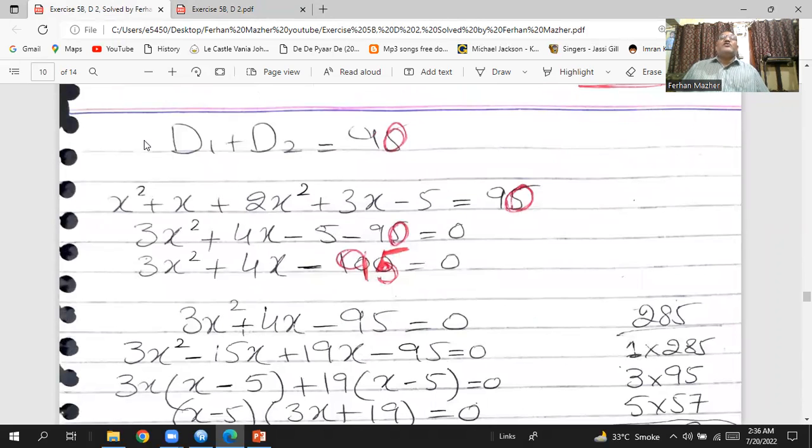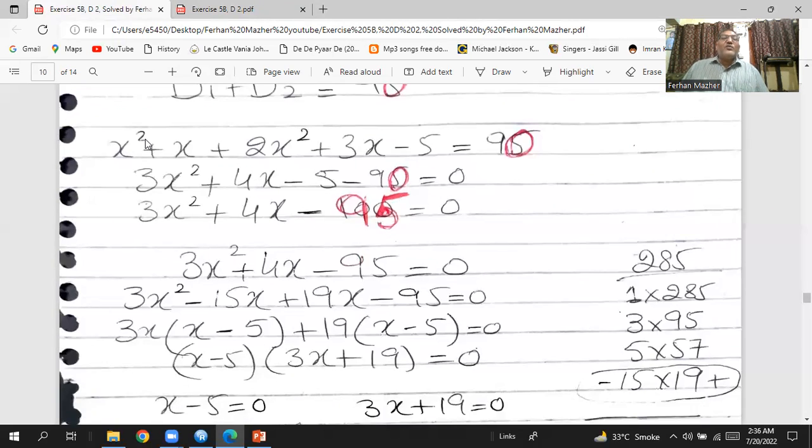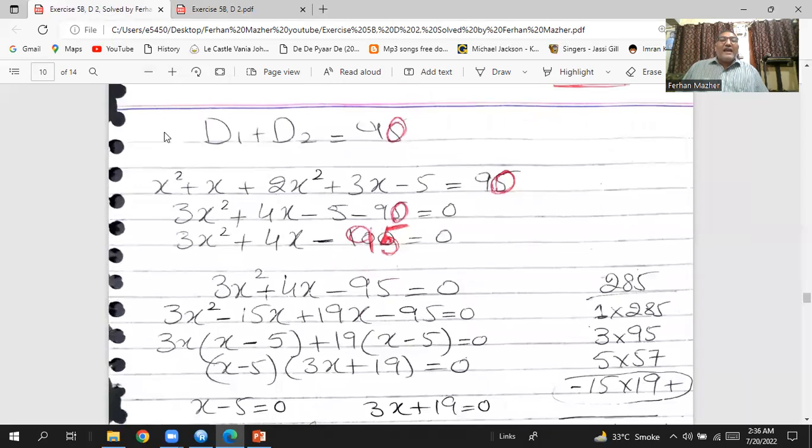So d1 plus d2 will be equal to 90. So you will have x squared plus x plus 2x squared plus 3x minus 5 equals 90. So we will have 3x squared plus 4x minus 5 minus 90 equals 0. So 3x squared plus 4x minus 95 equals 0. So that is the equation which they want us to form.